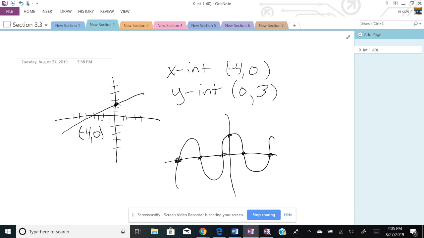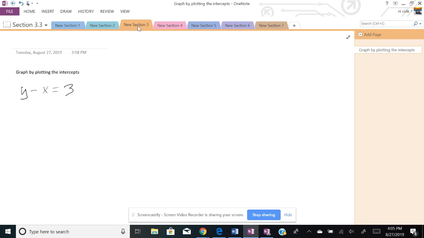So for the problem that we got, you would put parentheses -4, comma, 0, end parentheses, comma, parentheses 0, comma, 3, end of parentheses, and comma, so on and so forth if you had more, okay? So don't worry too much if that's required.